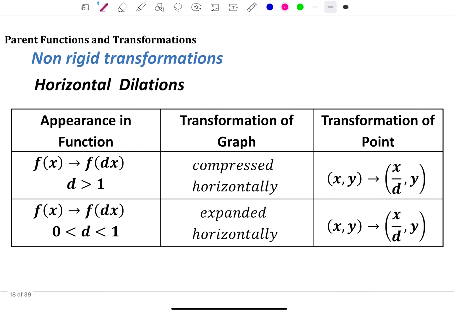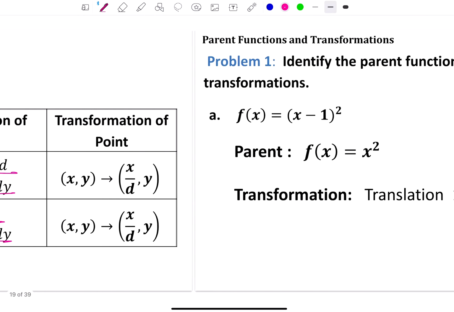If number d is inside the function, not multiplied in front of the function, but actually multiplied to the x inside my function, then if d is greater than 1, we have a horizontally compressed graph. If d lies between 0 and 1, we have a horizontally expanded graph.